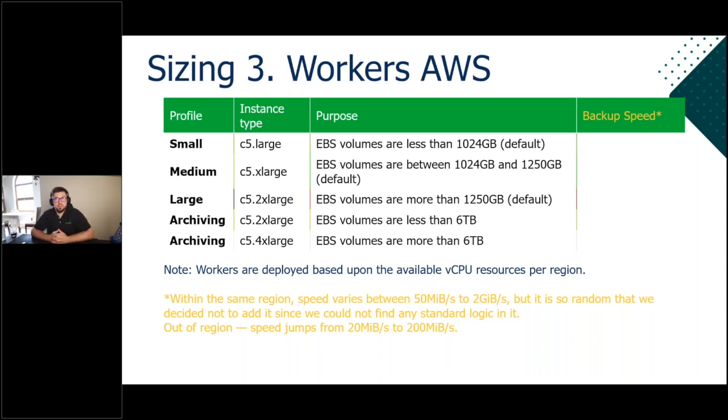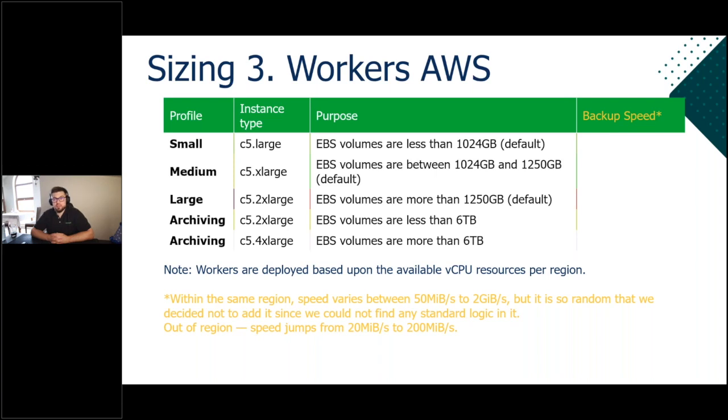In terms of data processing, it's like a proxy. It processes the data, it makes compression and puts it to your S3 bucket. So from the tests we've done previously, within the same region, you can get up to 2 gigs per second. But the slowest was 50 megabyte per second.